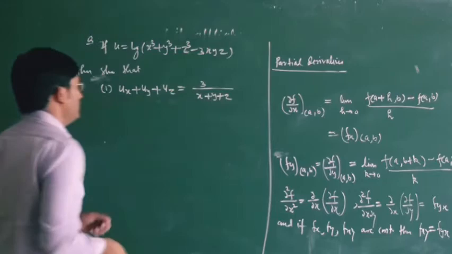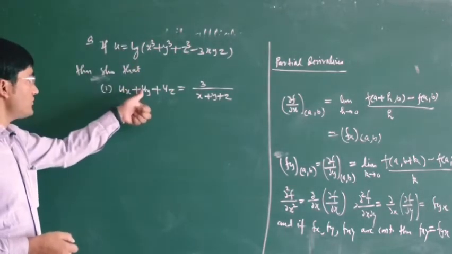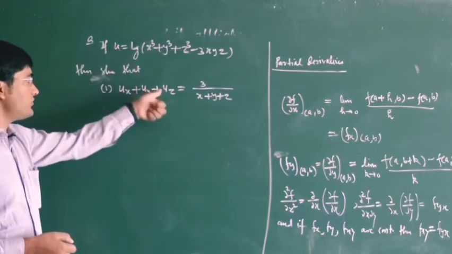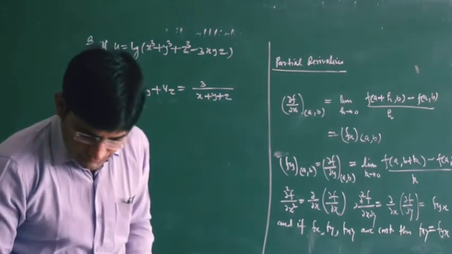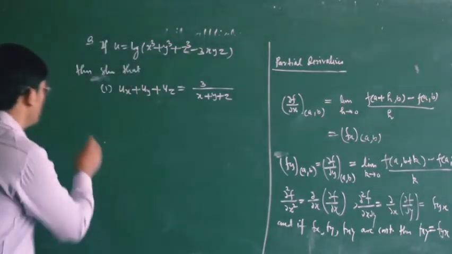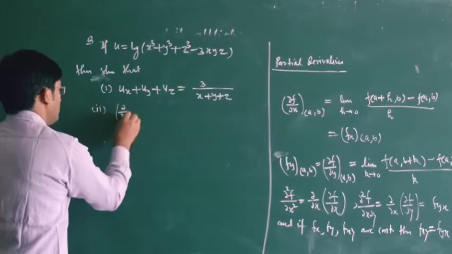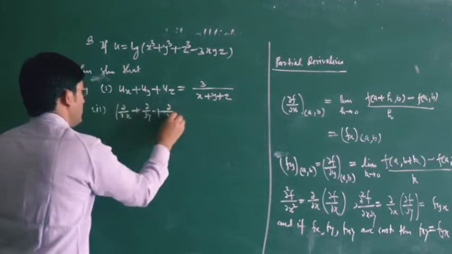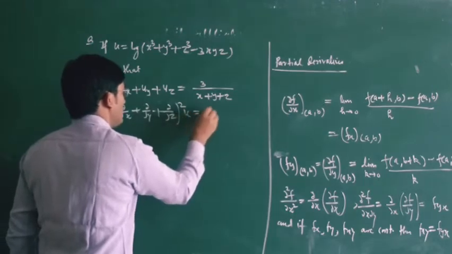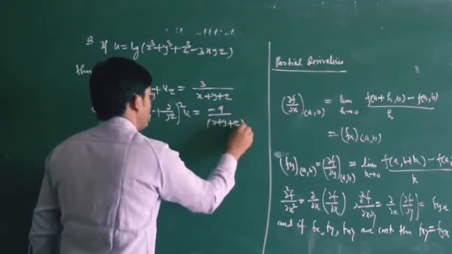That means the partial differentiation of u with respect to x plus with respect to y plus with respect to z equals 3 upon x plus y plus z. And your (del upon del x plus del upon del y plus del upon del z) whole square u equal to minus 9 upon (x plus y plus z) whole square.